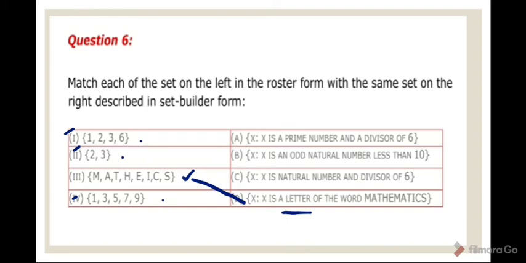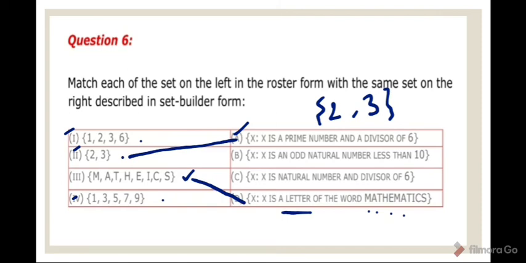Okay, because the elements of mathematics will be M, A, T, H, E, I, C, S. Now, the first one is x. x is a prime number and x is a divisor of 6. So, first of all, you have to collect all the prime numbers which are divisors of 6. They will be 2 and 3. Okay, that means A will match with 2.